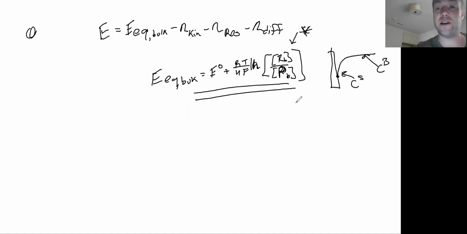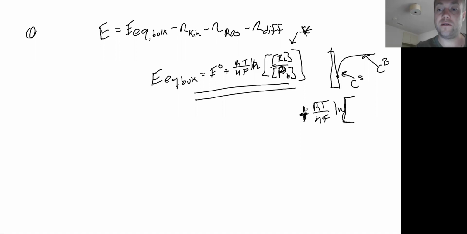And you basically say, okay, we're going to have this minus RT over nF term, natural log of, in this case, well, you can do the minus. Should I do minus or plus here? I'm going to do plus.